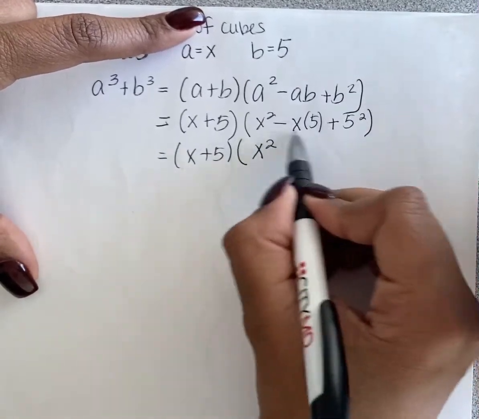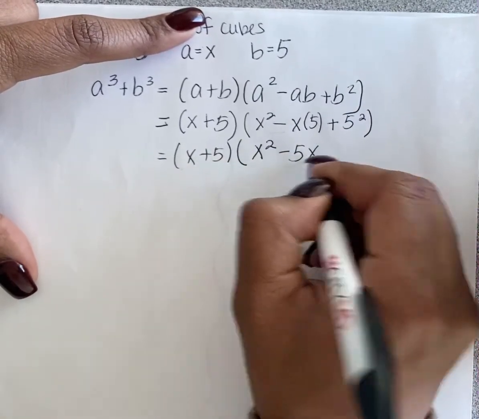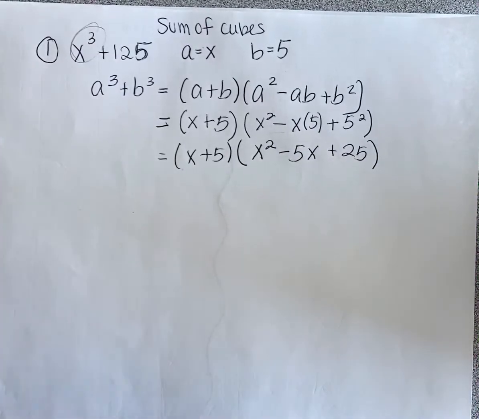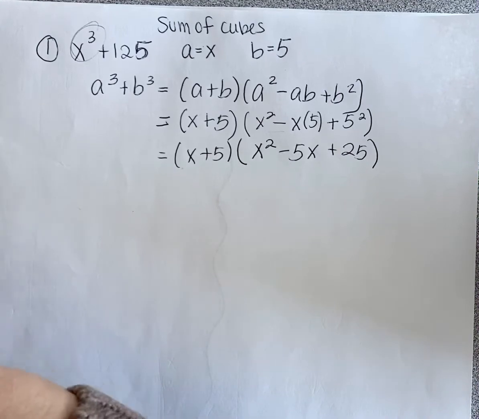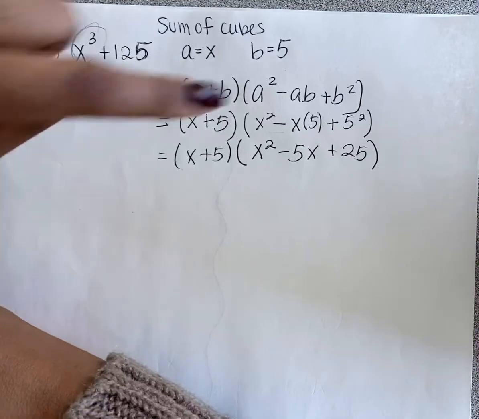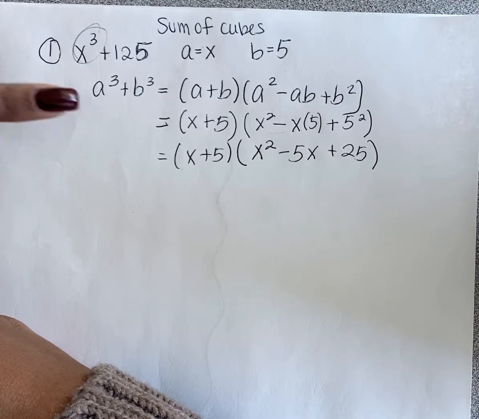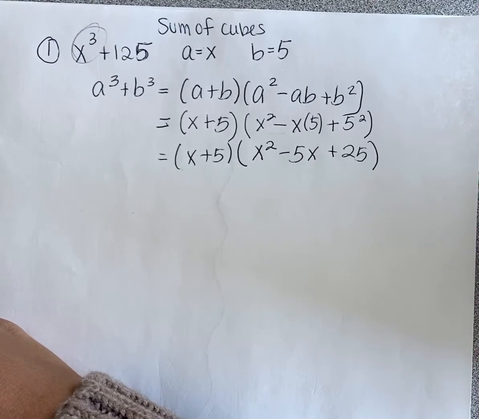Well, we know that this isn't written this way. It's written as x squared minus 5x plus 25. And that is how you factor it. When you have the sum of cubes, you're going to use this rule, and I always write the rule first before I start substituting so that I don't make mistakes.